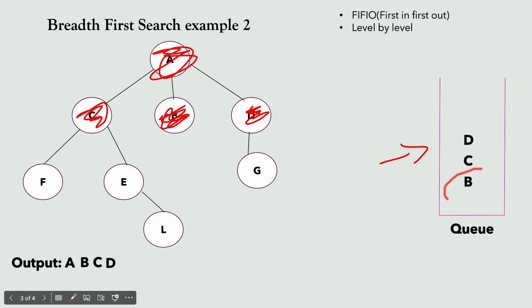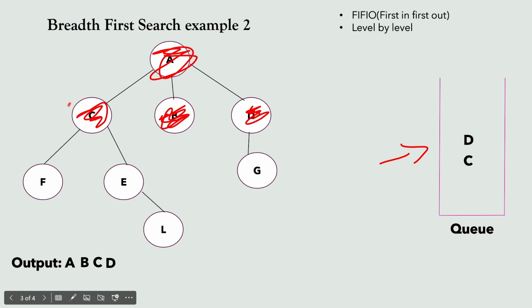We have next B. We search B. Is there any node in B? No. So we take it out of the queue, because B has no other node. So now we have C, because C comes before D in the queue. First in, first out. This is very important guys. Who comes first will go out first.